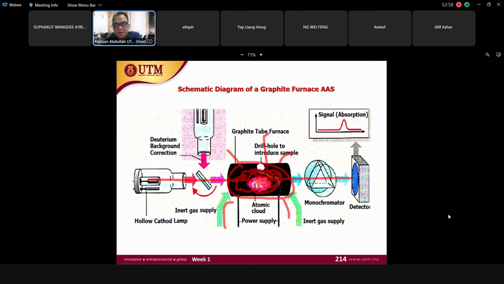Calibrate is when we run a series of known concentrations of the targeted analyte. For example, zinc. We analyze 1 ppm of zinc, and then 2, 3, 4, and 5. Minimum 5 concentrations. The instrument learns, oh, this is 1 ppm, I know the signal.